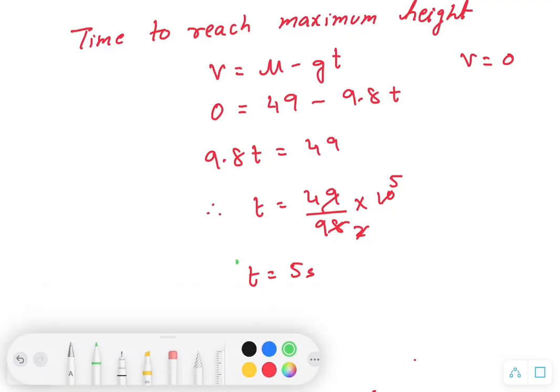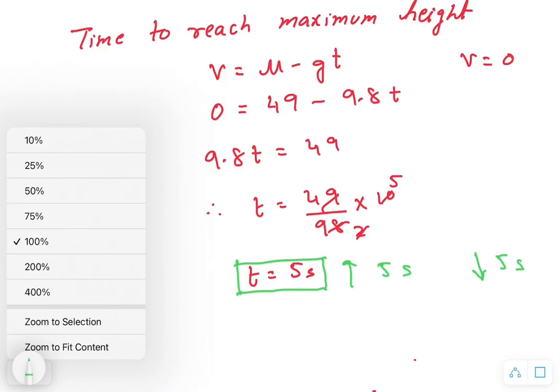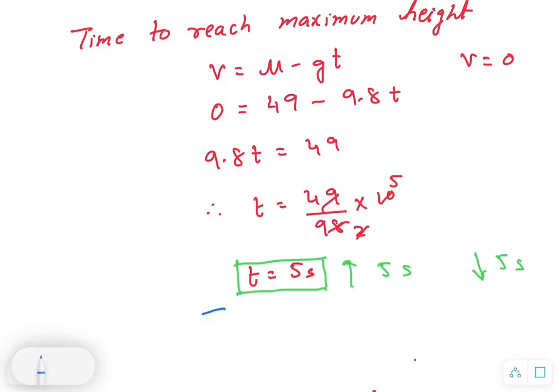This is the time to reach the maximum height, but it is not our final answer. This value is important, but this is not our final answer. The time to go up is 5 seconds, and the time to come down would be 5 seconds. So total time would be 10 seconds.